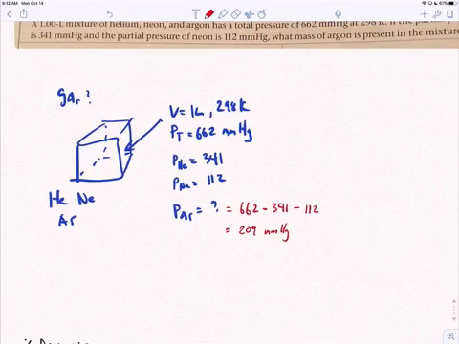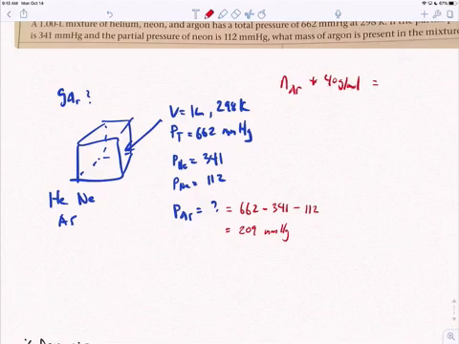One of the ways we can figure that out, we need the moles of argon, and then the moles of argon times 40 grams per mole will equal the mass of argon, in grams. And where am I getting 40 from? The periodic table. I think argon's 40. 39.95.